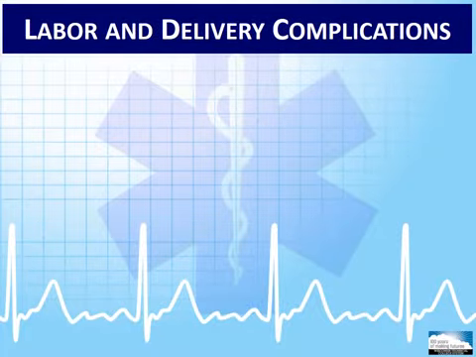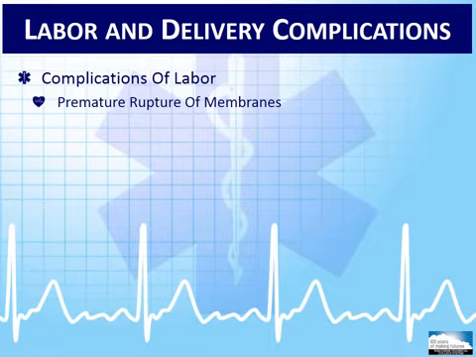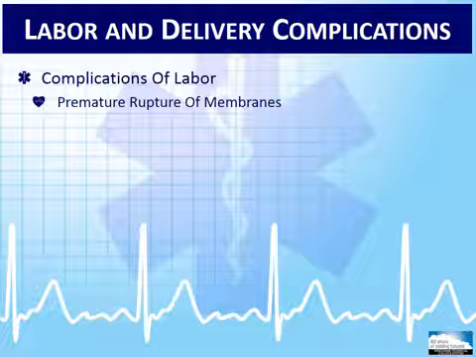Even if a delivery is not anticipated to be high risk, complications can still occur. One such complication is the premature rupture of membranes, the amniotic sac. If the mother is at term, this premature rupture, which occurs prior to labor, will commonly result in the mother entering labor. If labor does not begin relatively soon after this event, labor will commonly be induced by a physician.